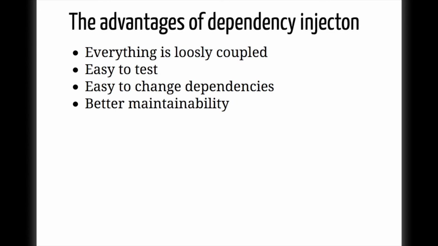And one important quote I found about dependency injection is that dependency injection favors pluggable architecture. So as long as the bricks fit onto each other, we can simply switch them as required.